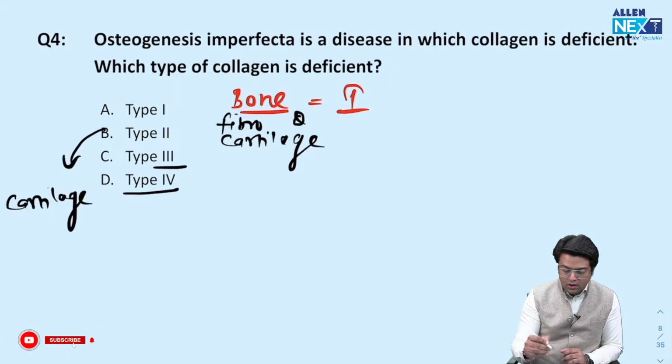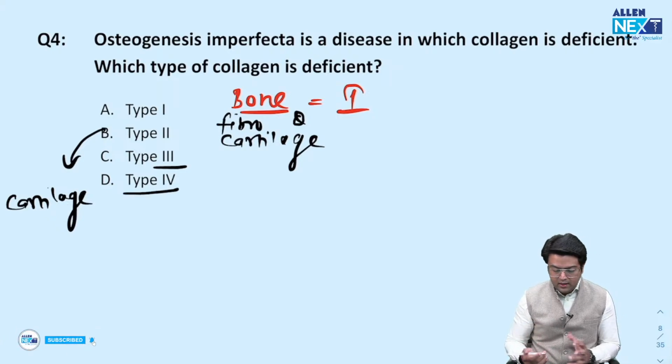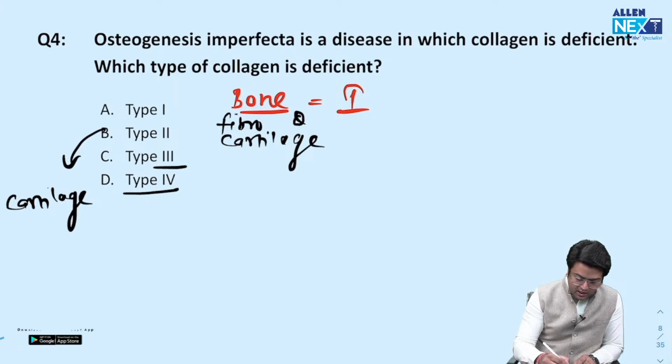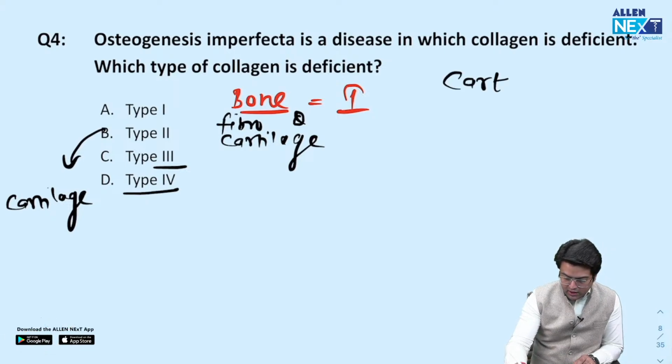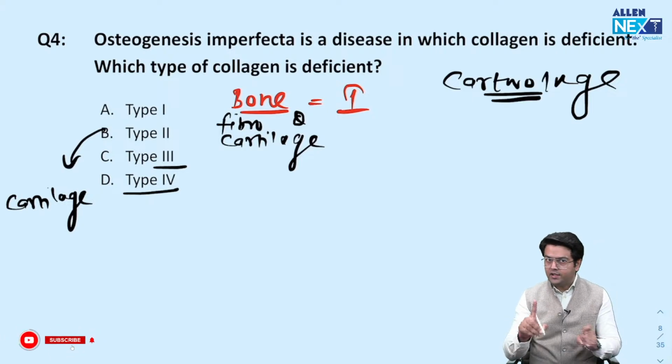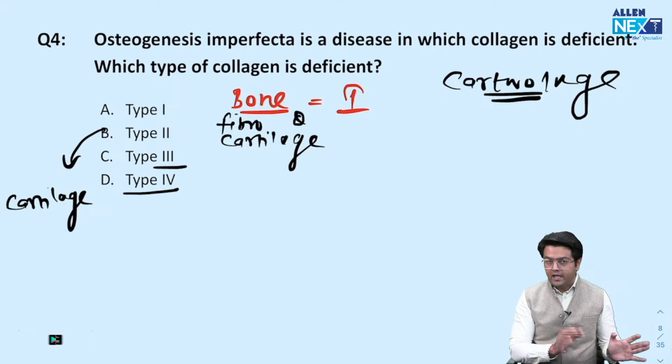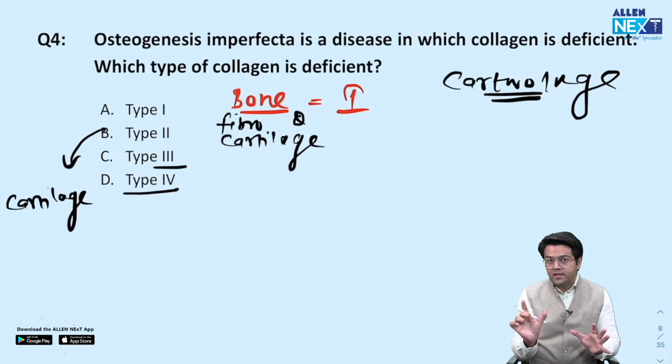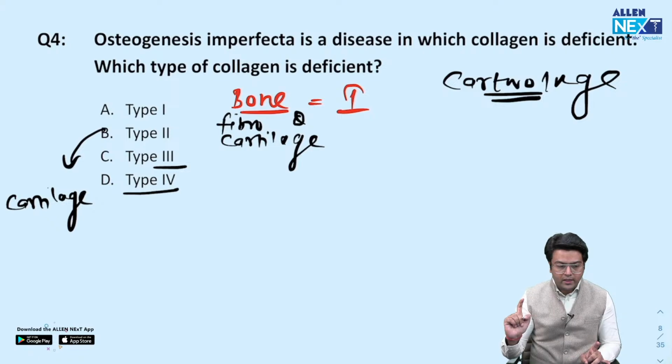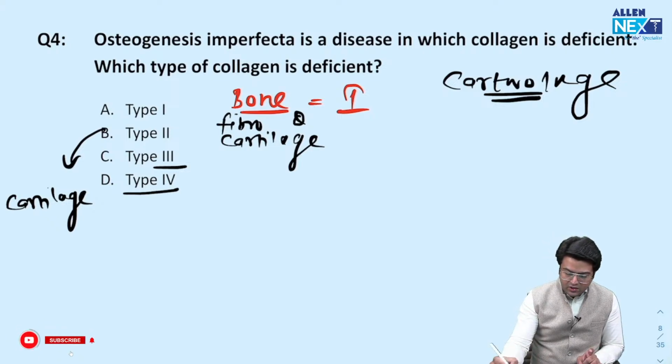And type 4 for the floor, right? I can remember 2 as cartilage. So cartilage has type 2, but fibrocartilage has mostly type 1, right? It has type 2, but mostly type 1. If there is an MCQ, I have to mark type 1. Don't forget that.